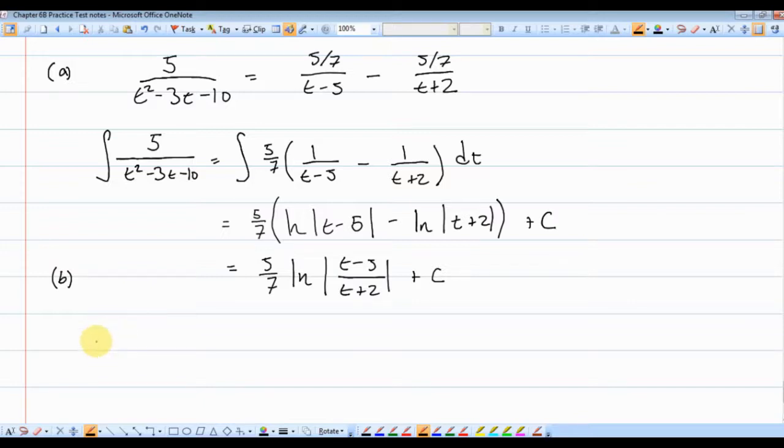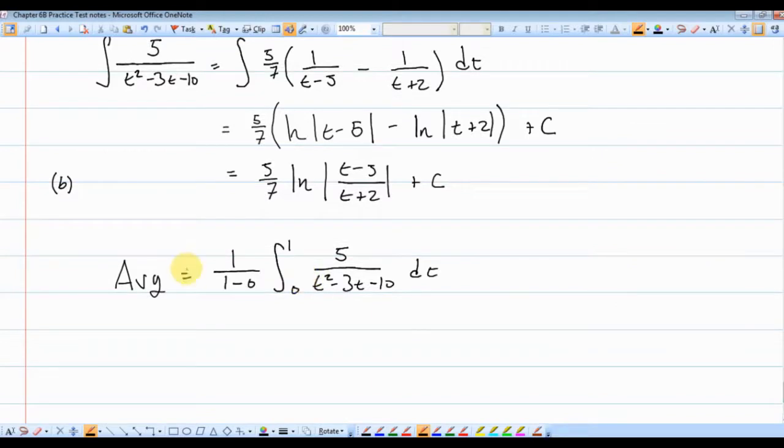Okay, last part, C. Find the average value from 0 to 1. Okay, so the average is equal to 1 over 1 minus 0, integral from 0 to 1 of 5 over t squared minus 3t minus 10 dt.